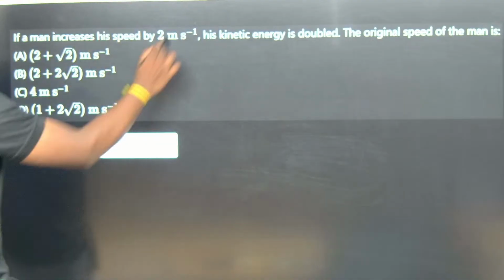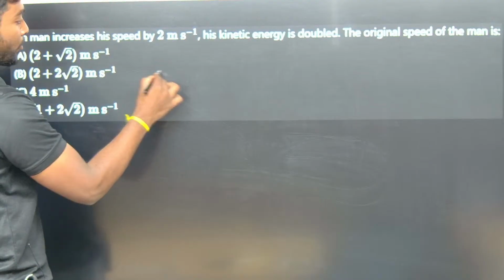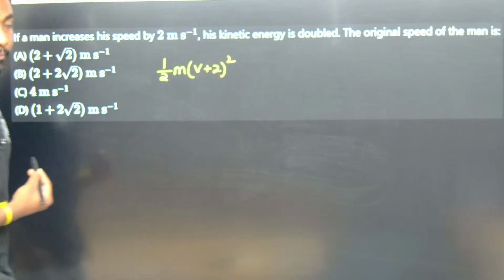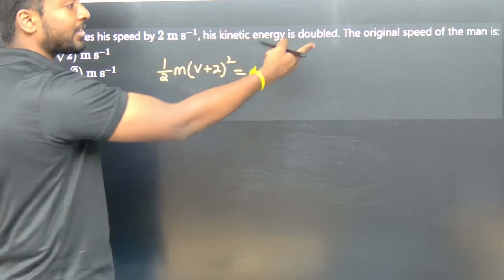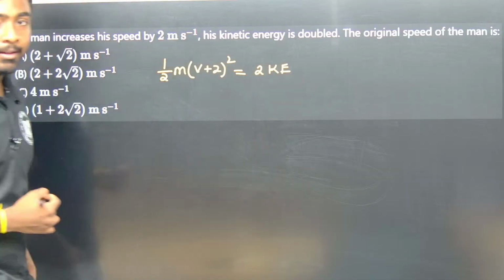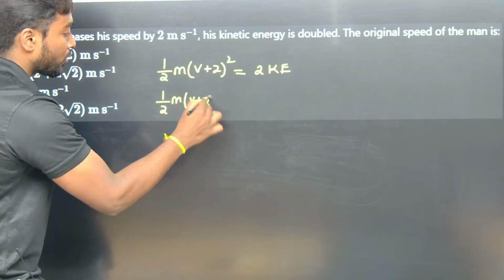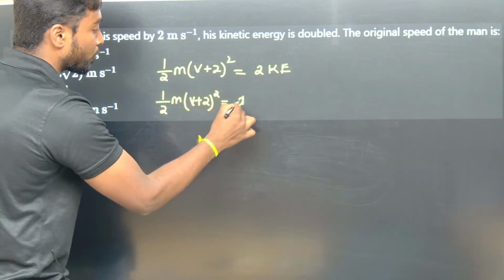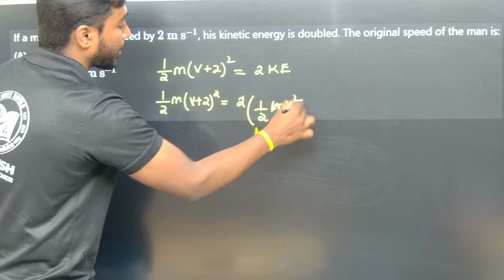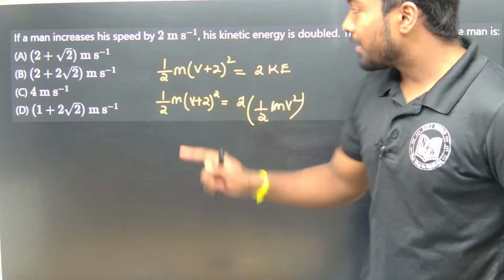Man increases his speed by 2 meter per second, so half m (v plus 2) the whole square should be equal to 2 times the kinetic energy, because his kinetic energy is doubled. So 1 by 2 m (v plus 2) the whole square should be equal to 2 into 1 by 2 mv square. From this I need to find the value of v, that will be the original speed of the man.